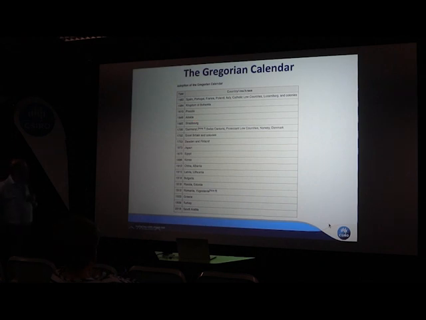In 1752, Great Britain and its colonies finally switched. And the last country to switch to the Gregorian calendar was, amazingly, Saudi Arabia in 2016. They finally had to adopt it because they need to if they want to do business.